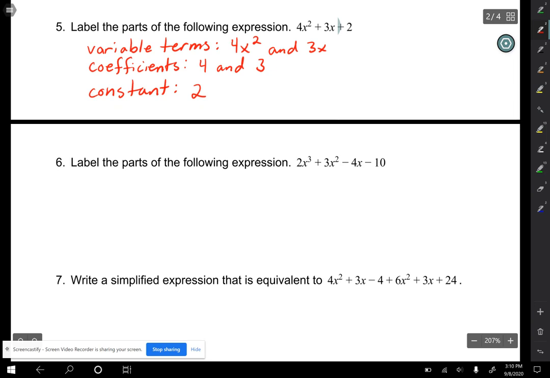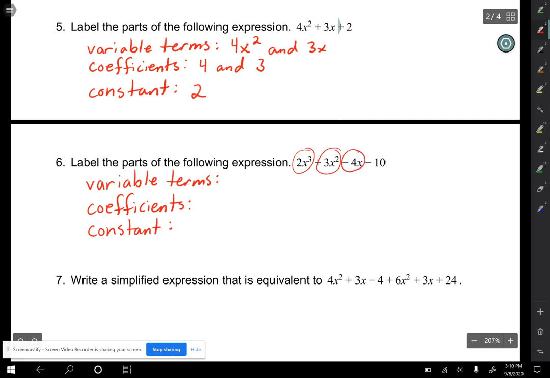So same thing here in number 6. I want to see what the variable terms are, I want to know what the coefficients are, and the constant. All right, the variable terms again are the ones with the letters, so the whole thing.